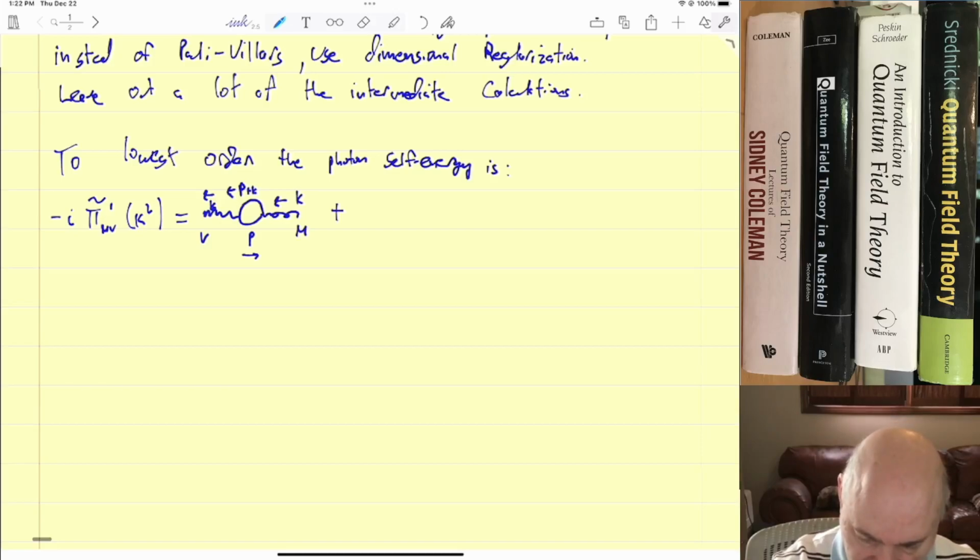Then we have a new diagram. This is sort of unique to scalar electrodynamics. We have a mu and a nu photon coming in, and then we have a meson loop. This is a four-field interaction. The momentum in the loop is p, and we have k. And then we have our counter term.